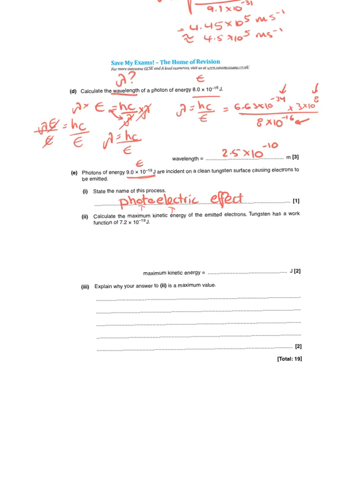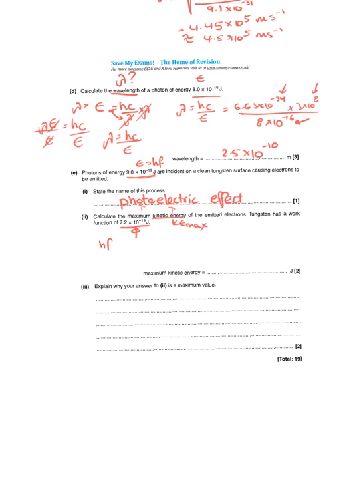Calculate the maximum kinetic energy of the emitted electrons. So KE max. And it tells you the work function of the metal, and then here it gives you basically hf of it. So this is quite a simple one.